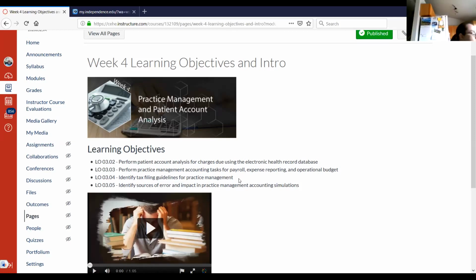Tax filing guidelines, we'll very briefly touch on those. And part of your discussion will be looking at sources of error and the impact that they might have on a practice. So we'll be going through that in between the discussions and the assignment.